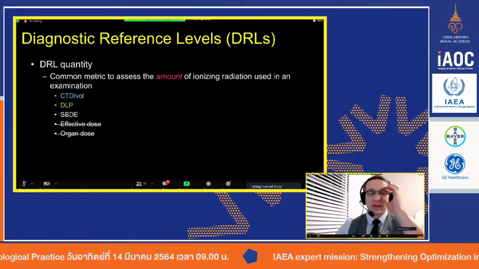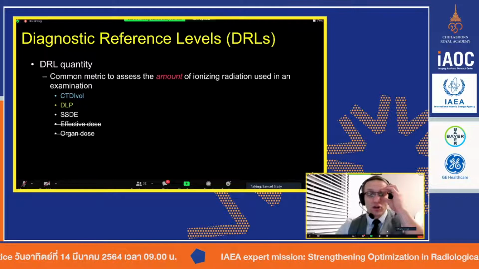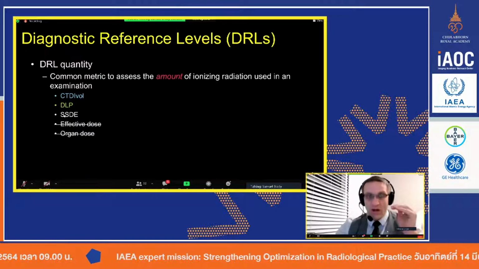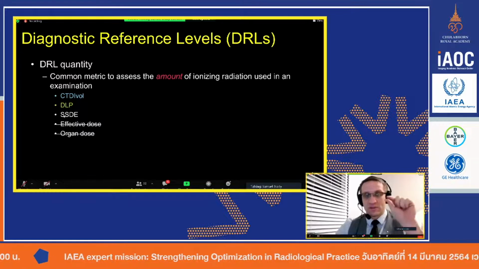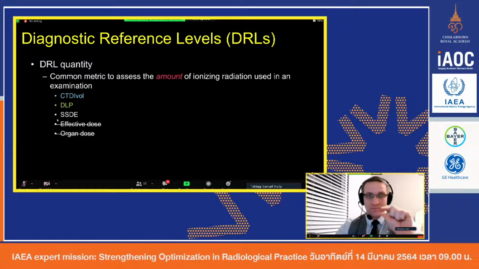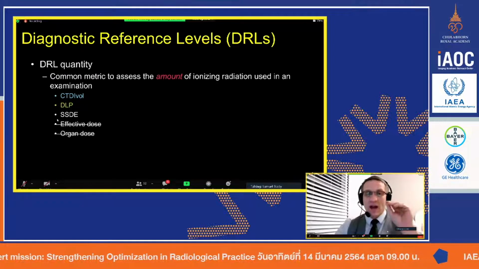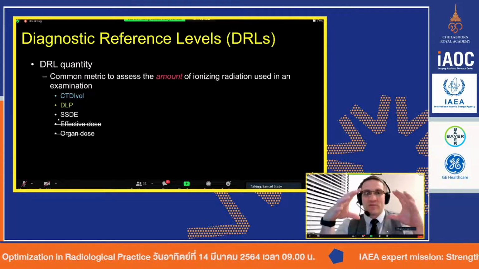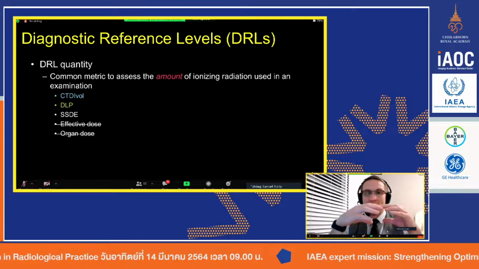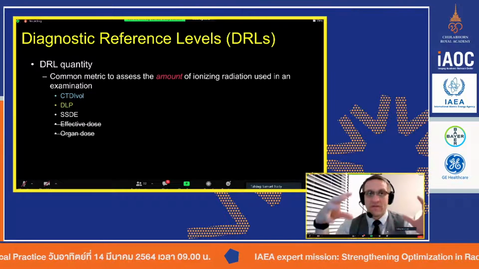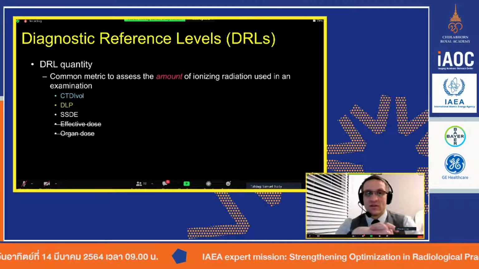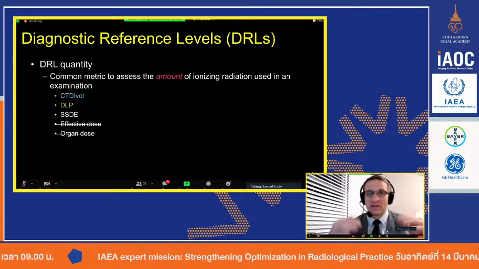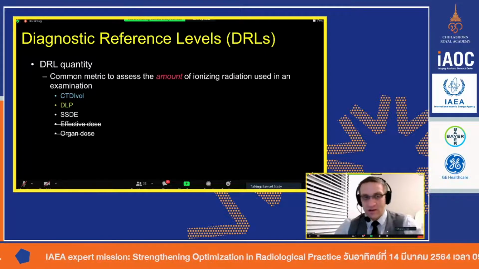And the big thing that will change is that currently on all CT scanners, it is required to display the volume CTDI and the DLP. The IEC, which is an international body that helps regulate, and all of the various vendors of the CT scanners, they're the ones that come up with the standards that each of the vendors must meet so they can build and sell their scanners.